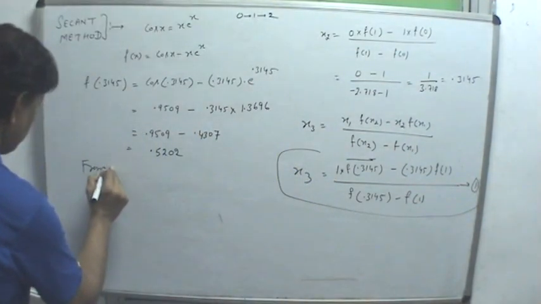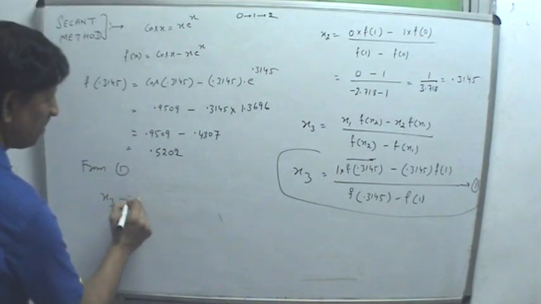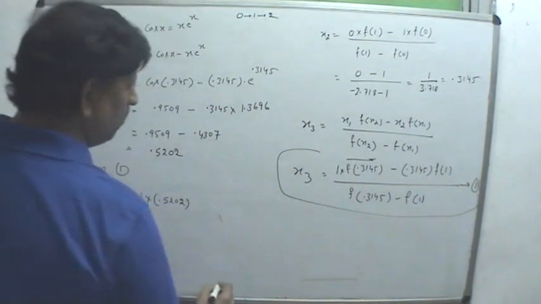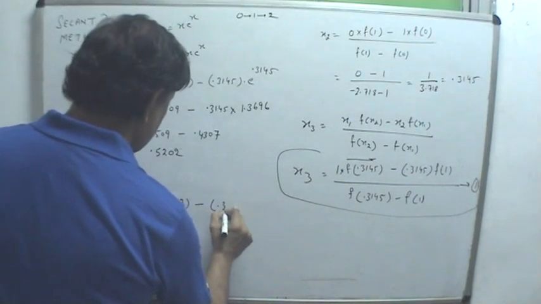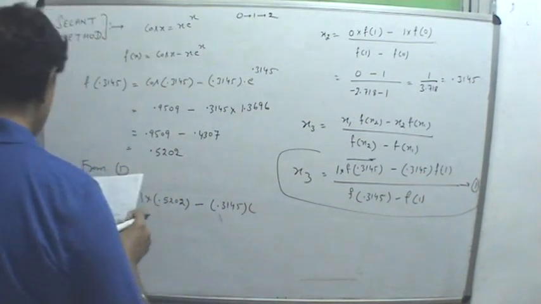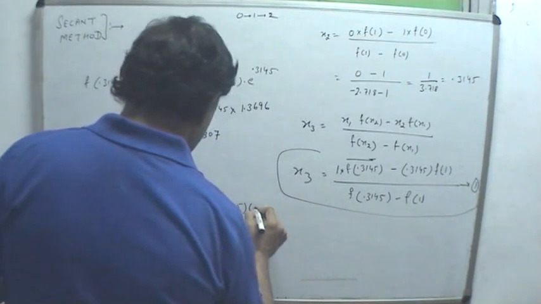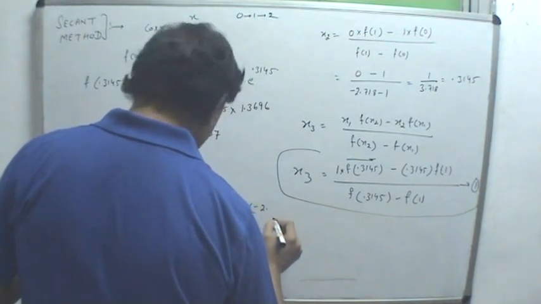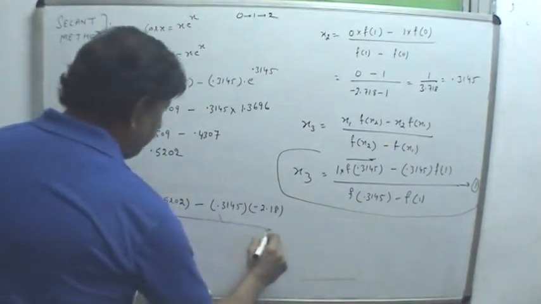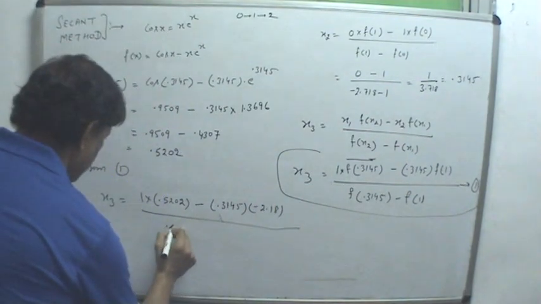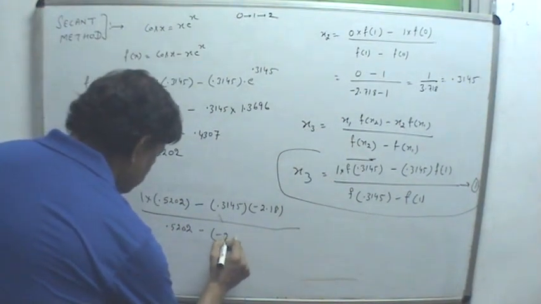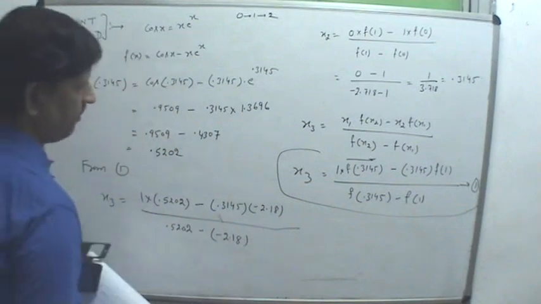Now we can put all the values in equation number 1. From 1, x3 is equal to 1 into 0.5202 minus 0.3145 into f of 1. f of 1 is already known, it is approximately minus 2.18, divided by f of 0.5202 minus f of 1, minus 2.18 being the approximated value.